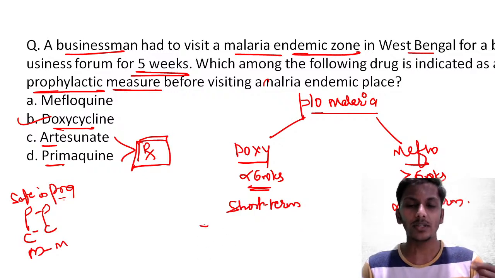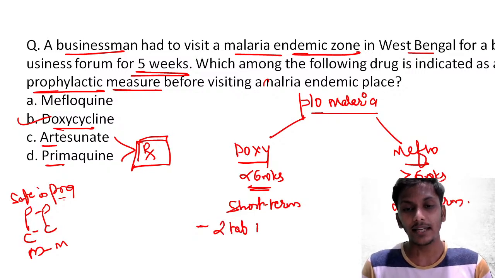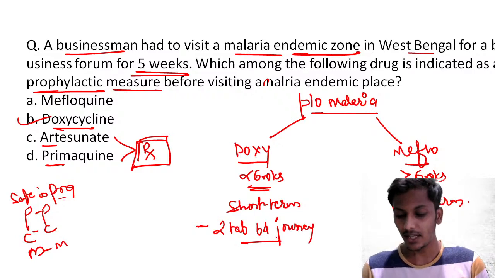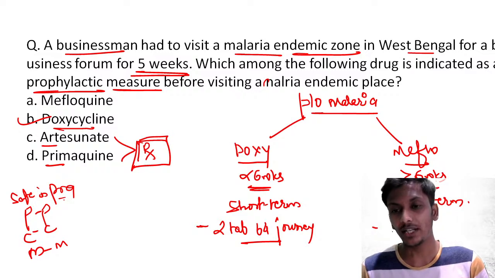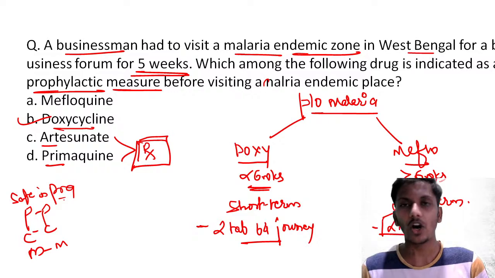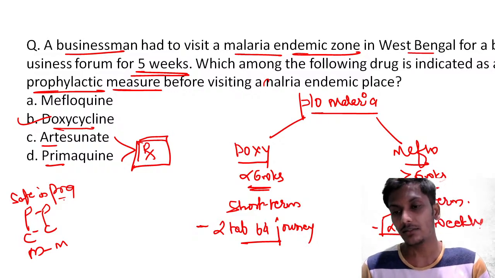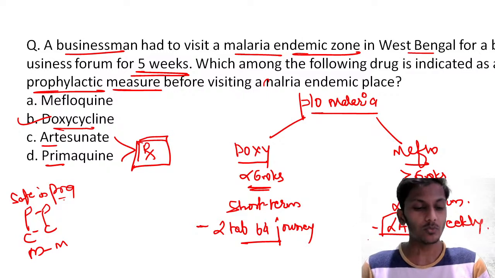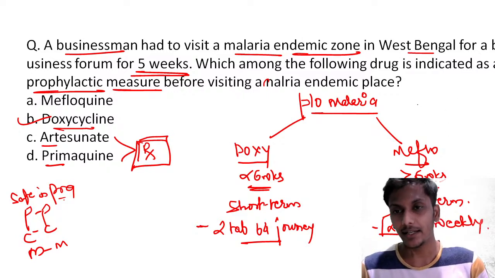Just remember the prophylactic regimen. Two tablets of doxycycline are given before the journey, whereas mefloquine is a long-acting antimalarial agent, which is given weekly, once a week.